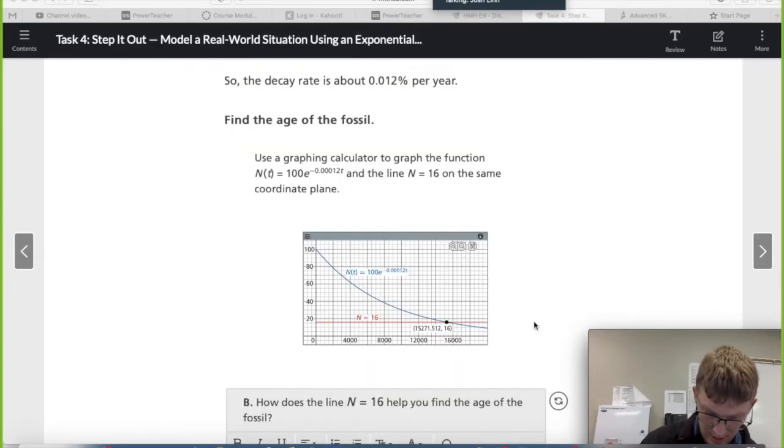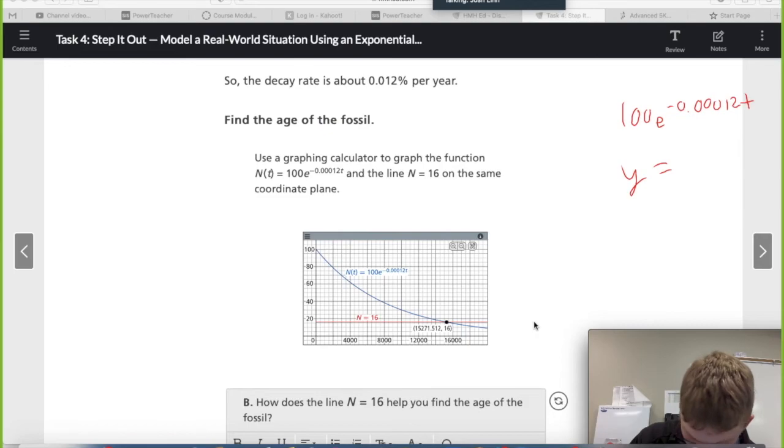They had a clever idea here. They're going to graph y equals 16, or a line n equals 16, and this function to see where they intersect. So let me show you how to do that on the calculator. I'm just going to write y equals 16 to remind me to do that one.